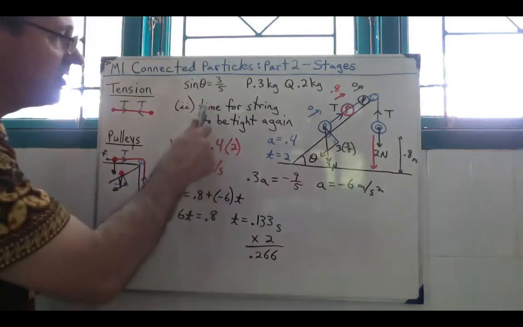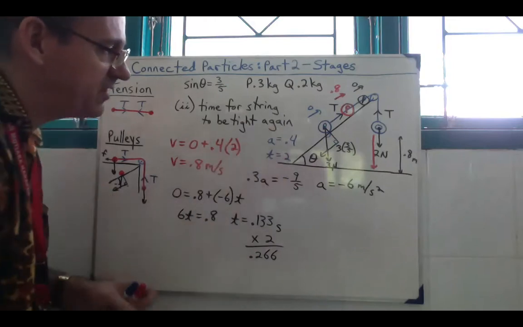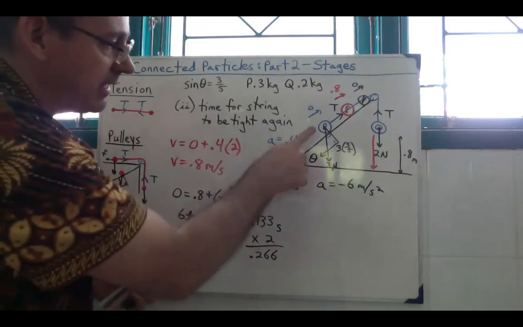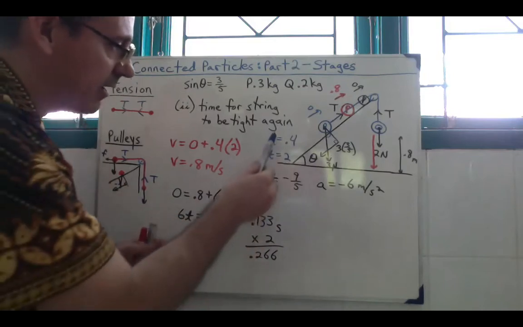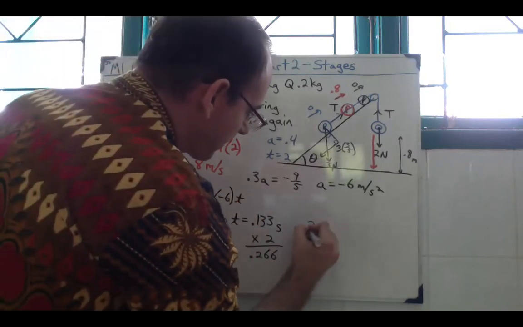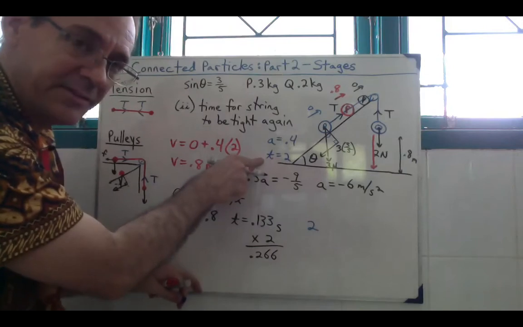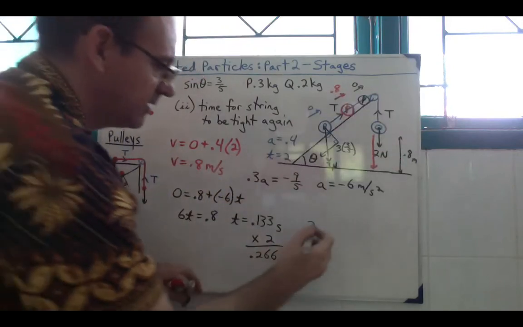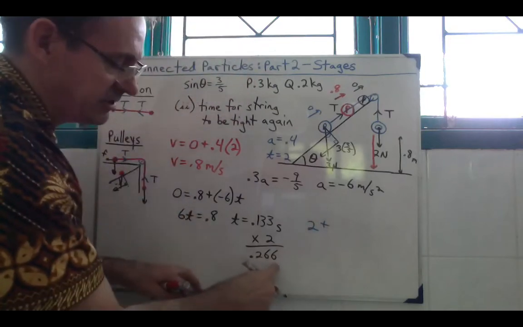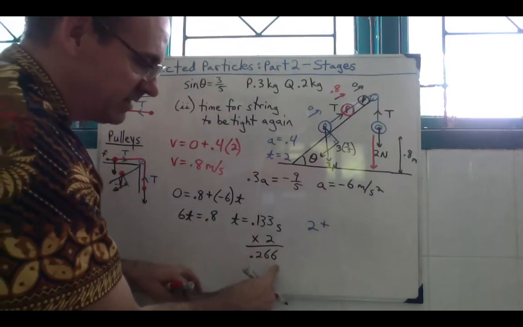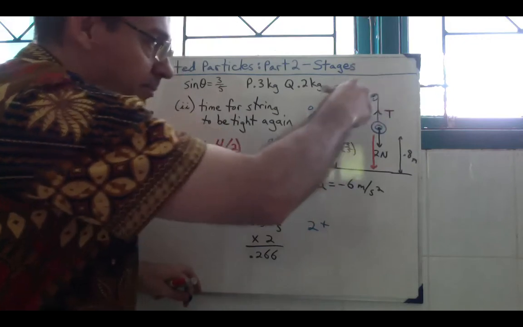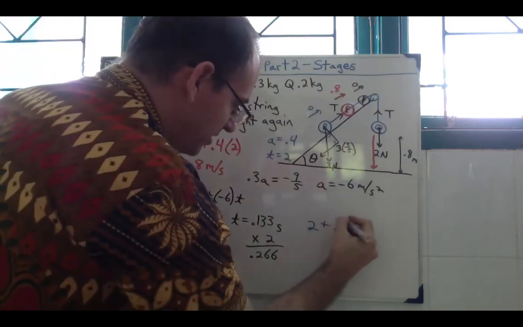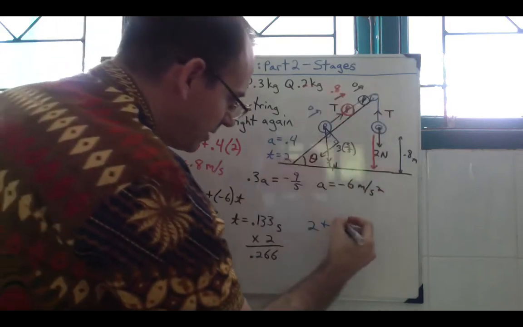And what we want is the time for the string to be tight again from the point of release. So we need to take our 2 seconds that we calculated in the second part, the time that it takes to hit the ground, plus this 0.266 seconds, the 0.133 going up and 0.133 going back, should be before the string is tight again, and then the string will stop it there.